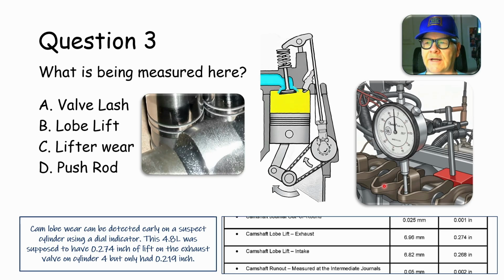But anyway, we pulled it down and did this dial indicator hookup. We set it right on top of the push rod, barred the engine through, and measured the amount of valve lift, and it only had about 219 thousandths. This guy had a camshaft that was beginning to round off.